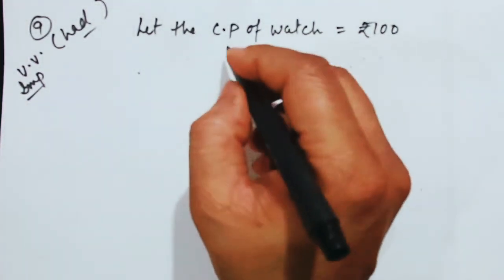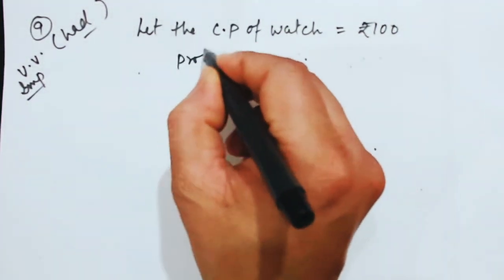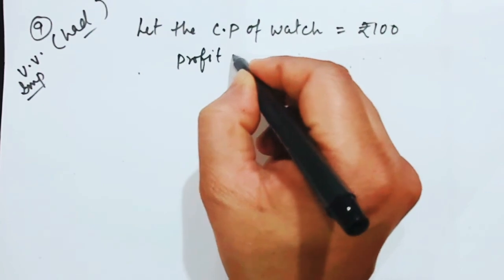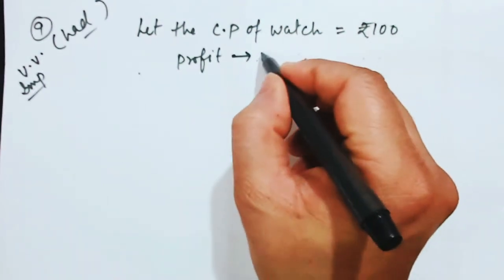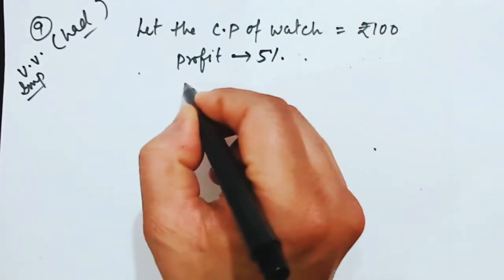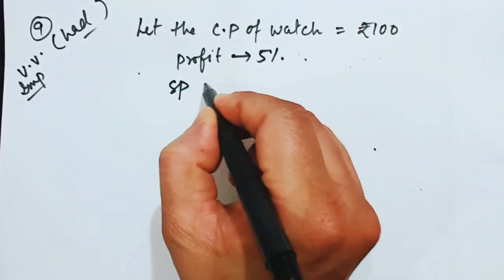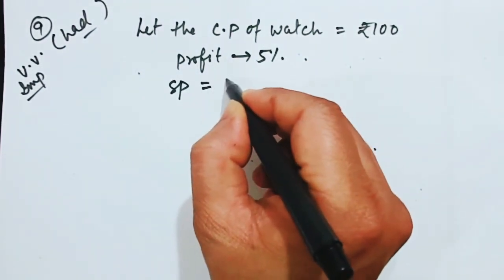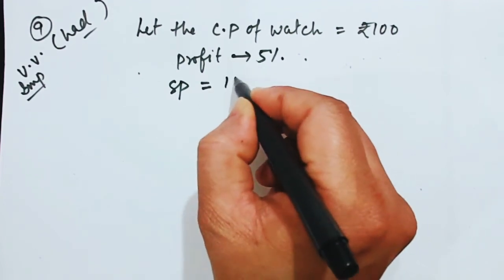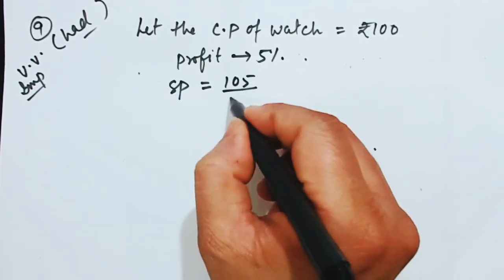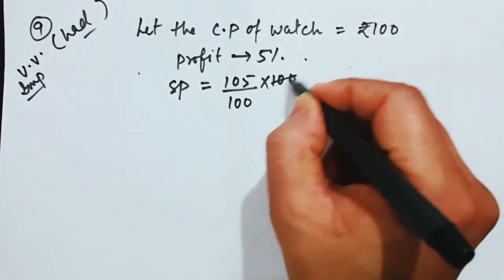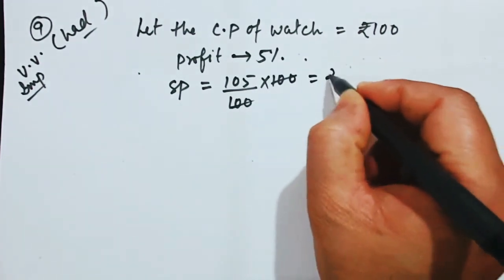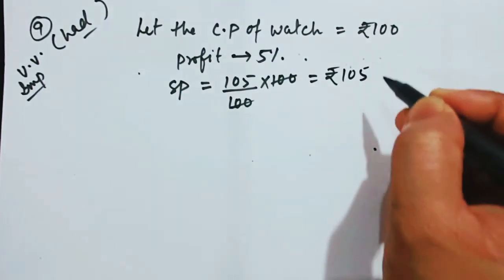Now he sells it at a profit of 5%. So what will be your selling price? Selling price is equal to 100 plus profit percent by 100 into cost price, that is 100, which will give you rupees 105. Very good.